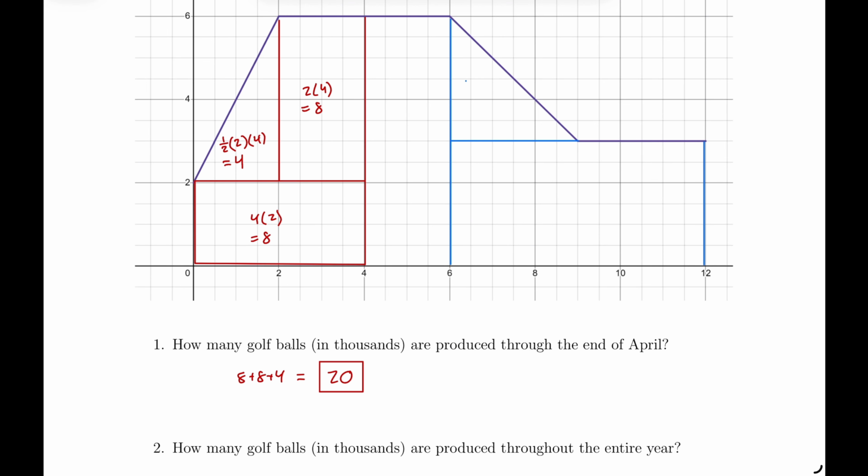This will be 1/2, but the base is 3 this time, and the height is also 3. So 9/2, which is the same as 4.5. This one has a width of 2 and a height of 6, so equals 12. And this one has a width of 6 and a height of 3, which is equal to 18.